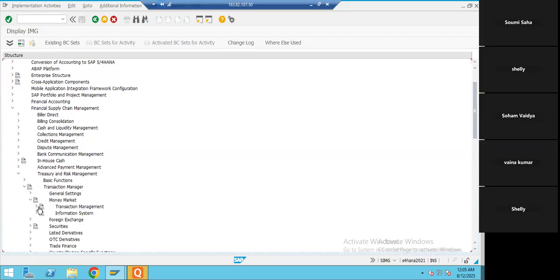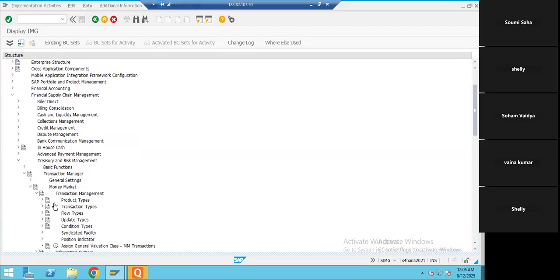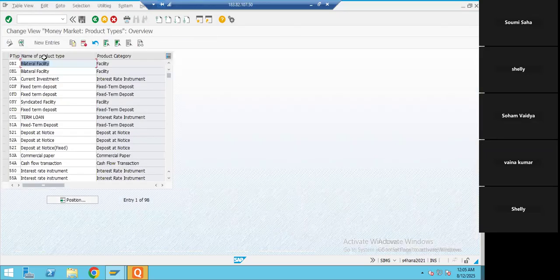Any loans or investments that you are going to take will be configured under your money market instruments. Here you see fixed term deposit, term loan, deposit at notice, commercial paper. Any transaction where you are taking a loan, you name it whatever, it doesn't matter, but any transaction that you name as a loan will be configured under money market.